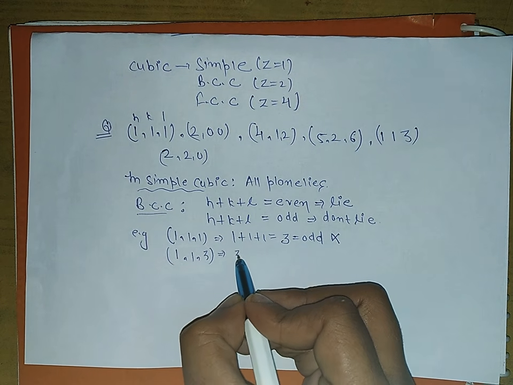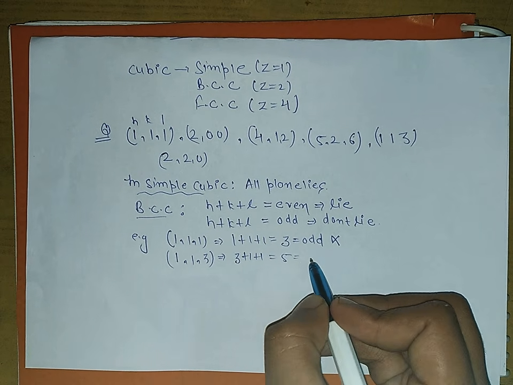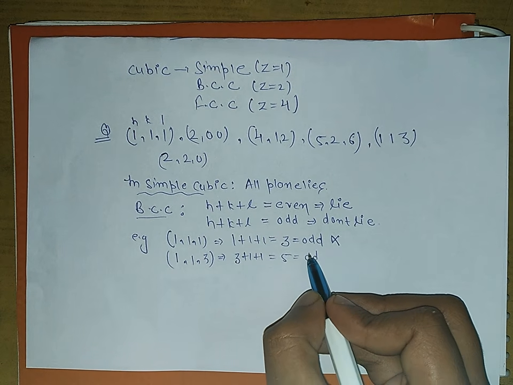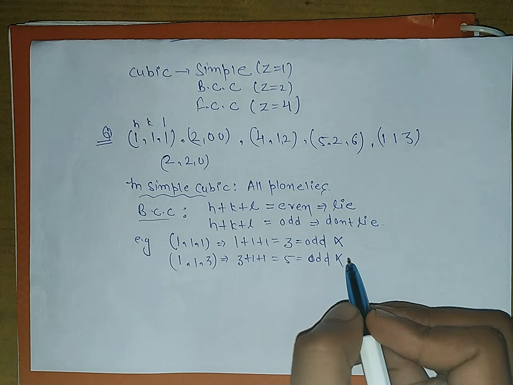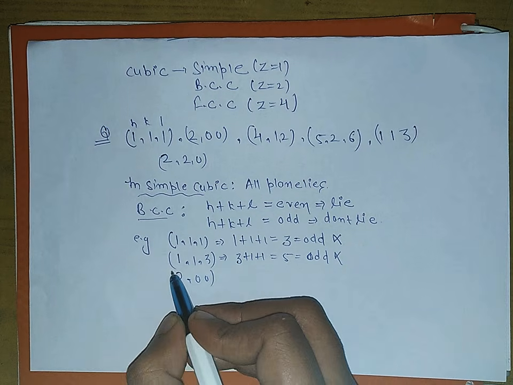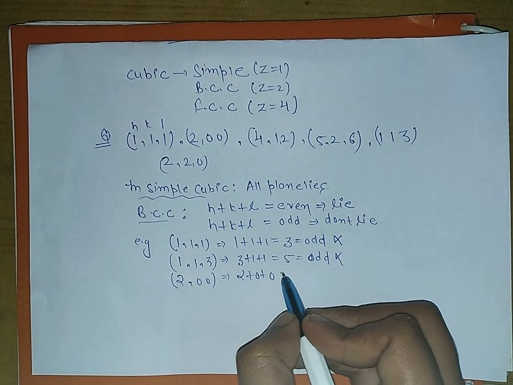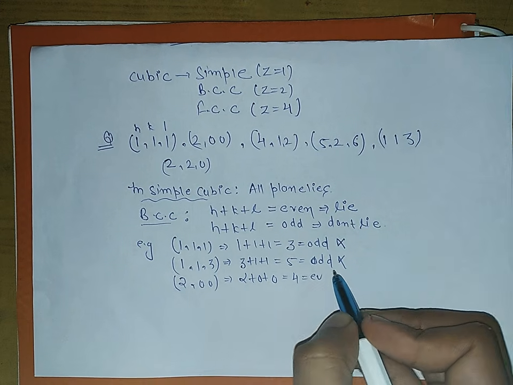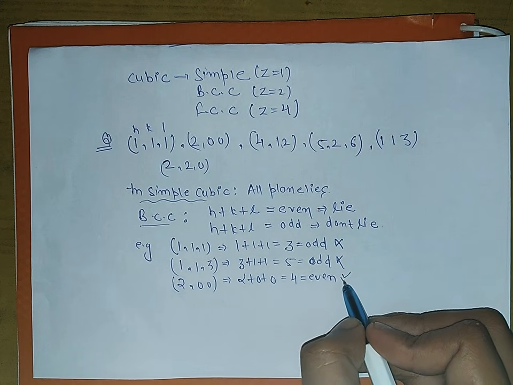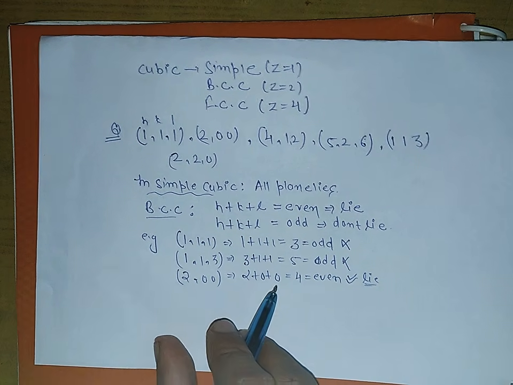Again add them: 3 plus 1 plus 1 is 5, this is odd, that means it will not lie. Let's say 200: this is 2 plus 0 plus 0, which is 4, this is even. So this 200 plane will lie in BCC.